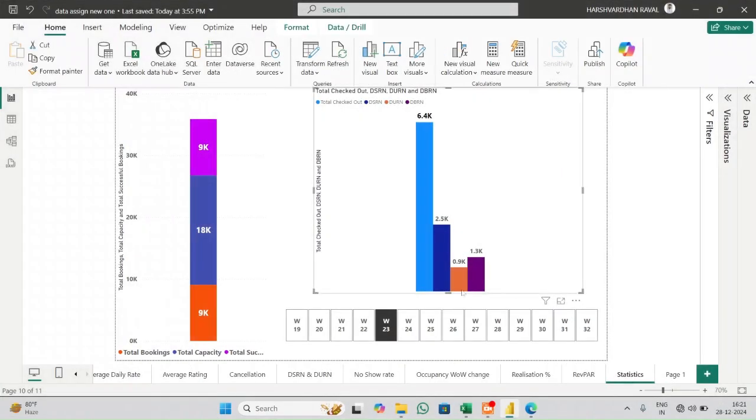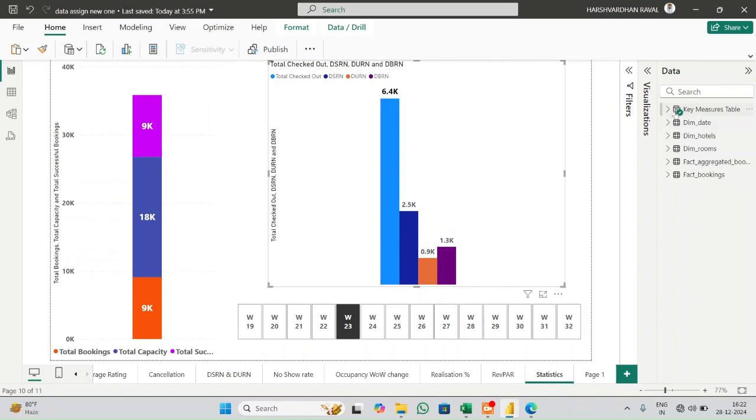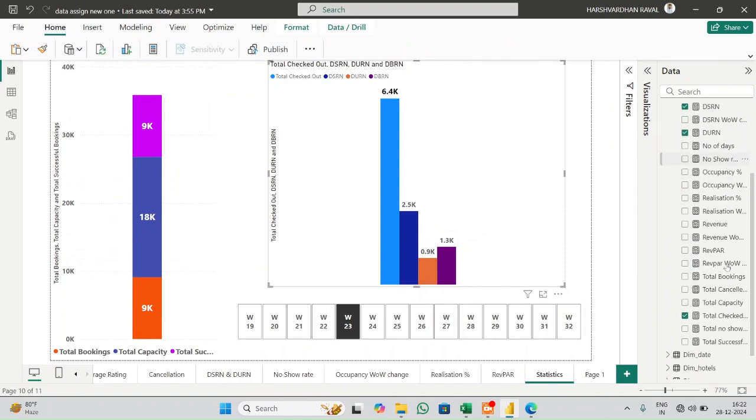What is it telling? That 1.3k is booked, but after that, maybe the customer is cancelling, so the cancellation percentage comes into the picture. Maybe the customer is not showing up at the property, so the no-show rate comes into the picture. Maybe different parameters, which we have clearly seen in this data, these measures we have calculated, come into the picture.